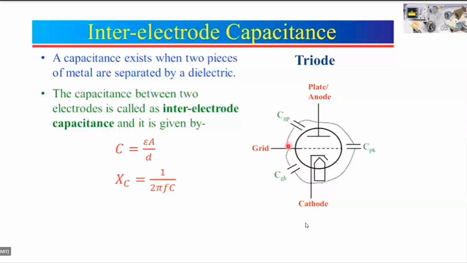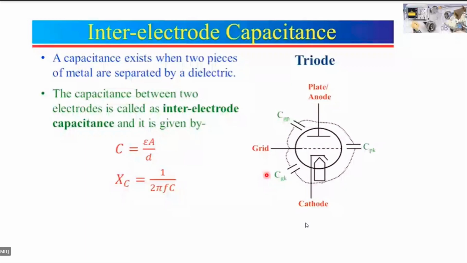These electrodes are separated by dielectric air, which has some dielectric constant. So there must exist some capacitance between these electrodes of the triode. These capacitances are called stray capacitance or interelectrode capacitances.